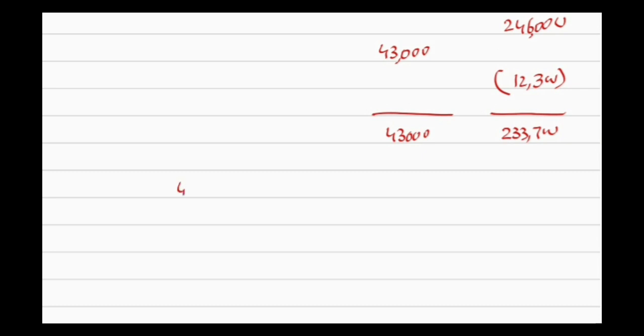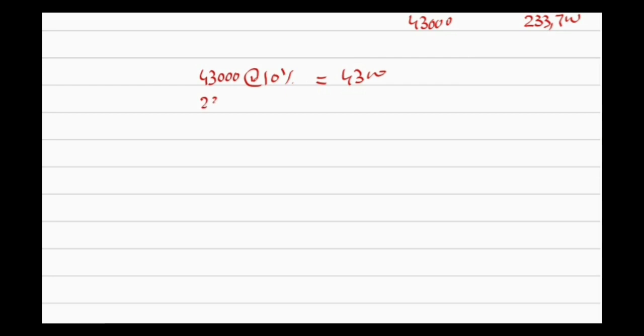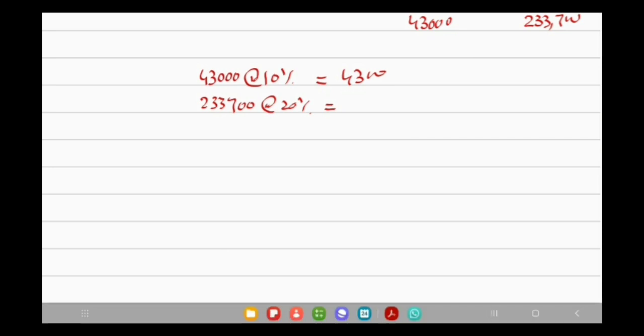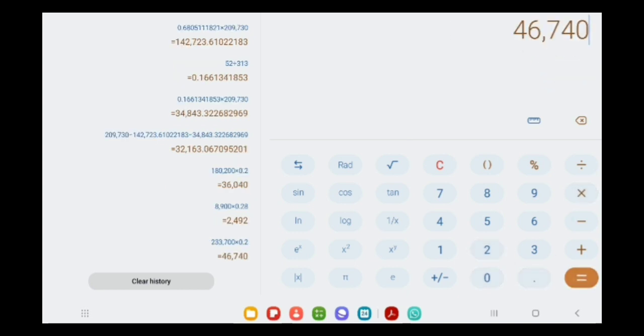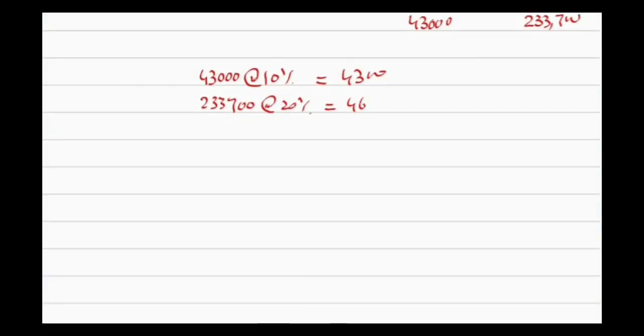On 43,000 it is 10%, so it is 4,300, and on 2,33,700, the asset that won't qualify for BADA relief, it is 20%, so it is 46,740. This is the total amount of tax, and that comes to 51,040 in the first year.